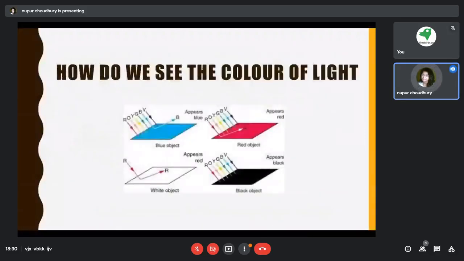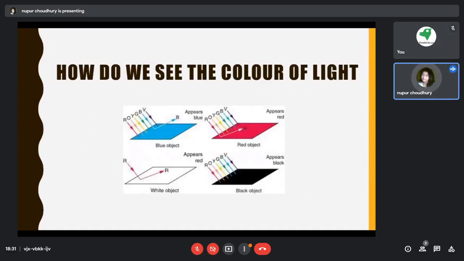So basically we see colors the way they are because of this phenomenon. We talked about how white light is made up of seven different colors, right? VIBGYOR: violet, indigo, blue, green, yellow, orange and red.